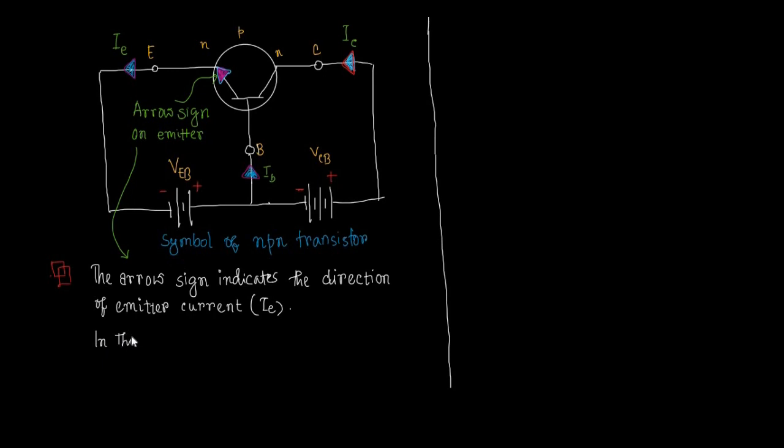In this case, emitter current IE is the sum of base current and collector current.